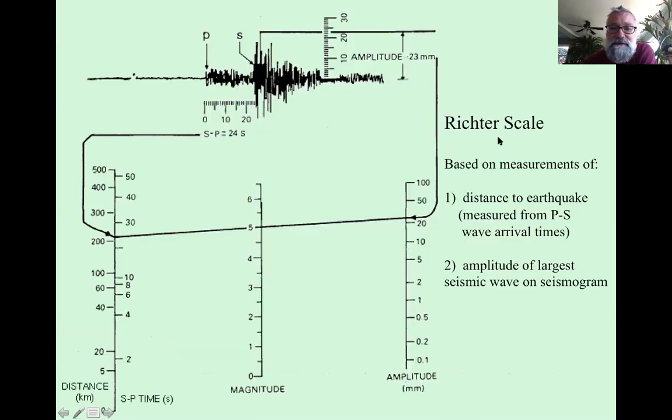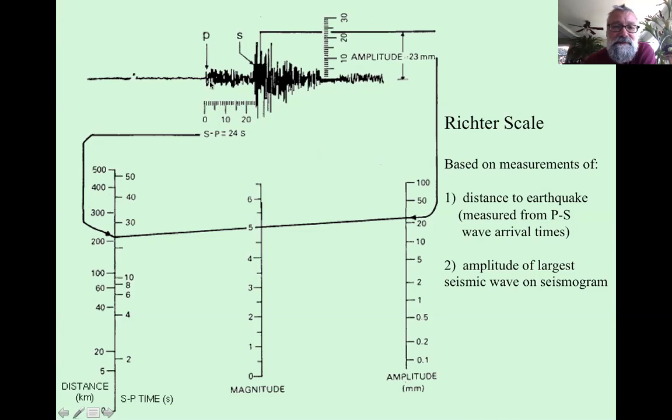The second one is the Richter scale, created by Charles Richter. And this one is based on the readings from a seismometer, specifically from the seismogram that we talked about before. And it deals with two things: the distance away, which you can determine from the arrival times of the P wave and the S wave.